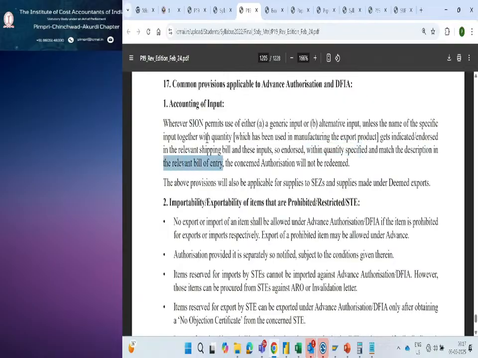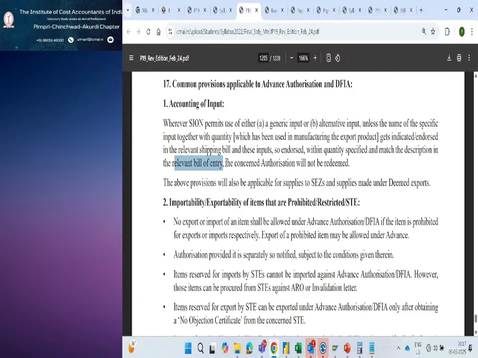So whenever we get the bill of entry, whatever the SION norms are there, in both cases, whether it is advance authorization or DFIA, they reconcile it within the quantity specified, and they match the description in the relevant bill of entry.